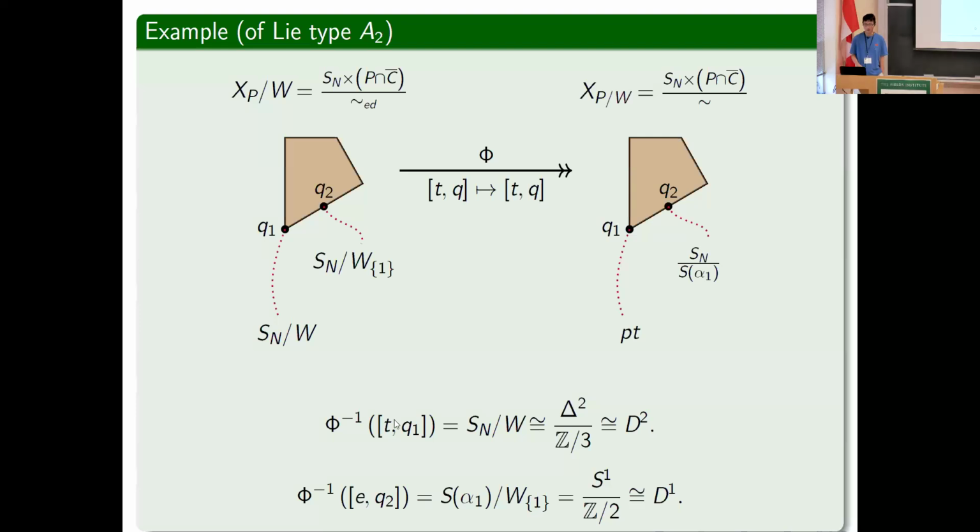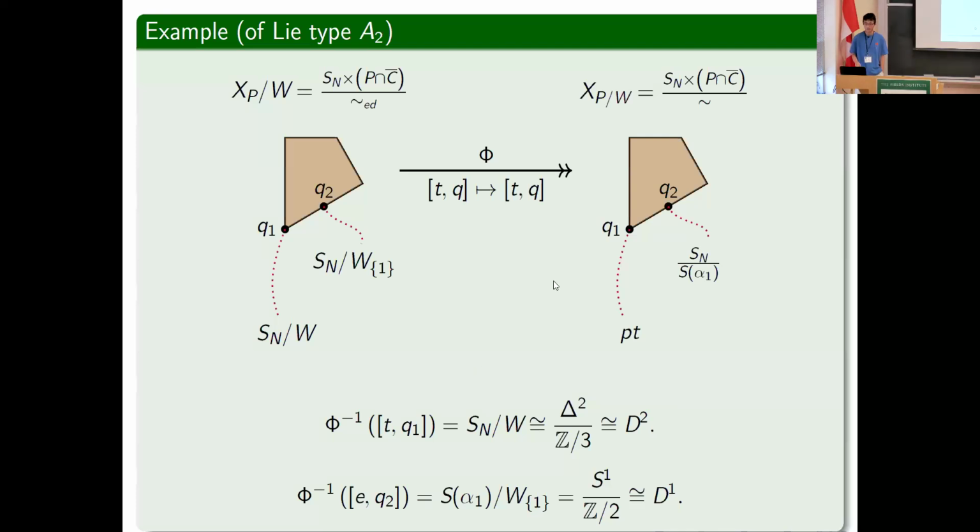The fiber at TQ1, which is just a point, is just the Sm mod W. And what is this quotient? I will show you later. It's just a quotient of a triangle by the D3 action. This action is given by the permutation of vertices. So it is just homeomorphic to a disk D2.